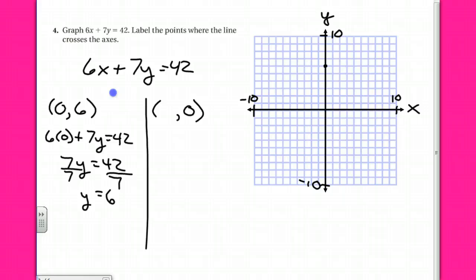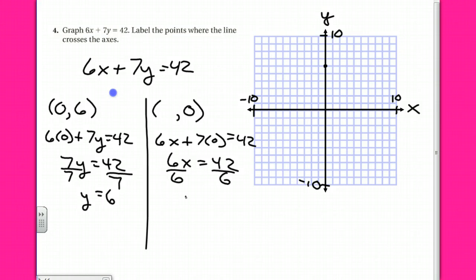Okay? Now we're going to find our x-intercept by plugging in 0 for the y. So 6x equals 42 in this case, right? So, Brandon, what do we do to find x right here? We have to divide 42 by 6, and it would be 7. X equals 7, so we put it in our little ordered pair. Now we go plot that point.